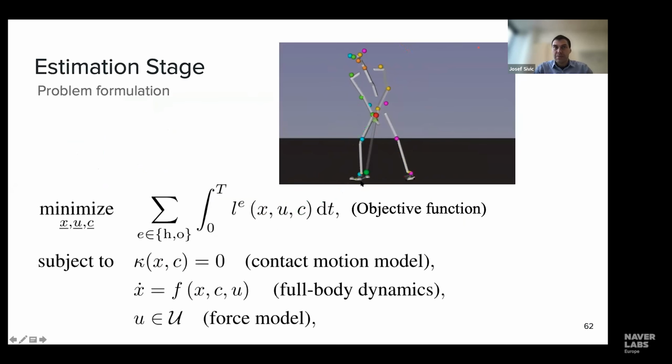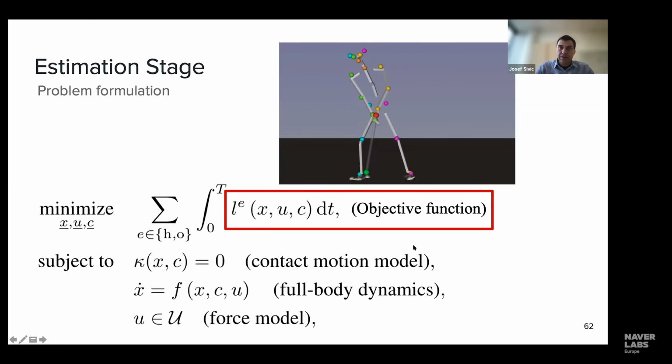And we minimize a cost function, which is really a reprojection error, so that when we project the estimated 3D trajectories into the observed videos, we can explain well the observed videos with the 3D trajectories. This is a sum over time, and also a sum over the human and the object, so we have a reprojection loss for both human and object. And this is all subject to the physics constraints of the contact motion model, full body dynamics, and a force model.